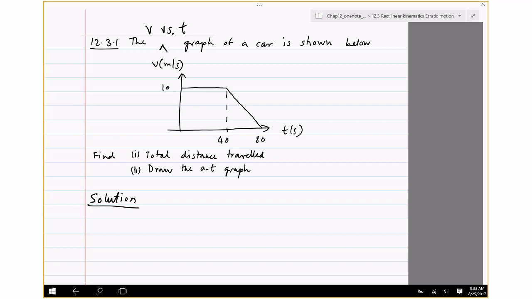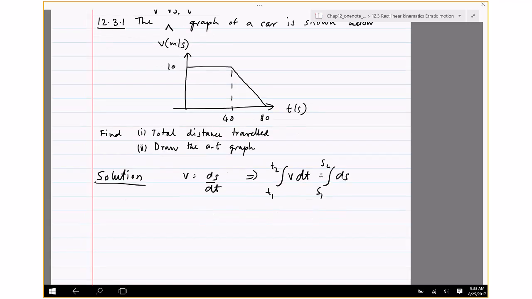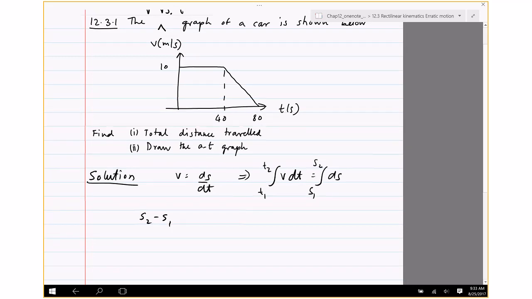Okay, so we're going to find the distance traveled, and the way distance is related to velocity is v is ds/dt, which means that v dt is ds, and this is straight from the formula I had written earlier. So if I want to find the distance traveled, s2 minus s1 is the distance covered.